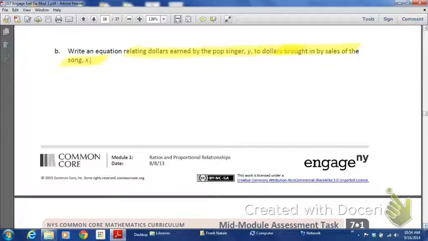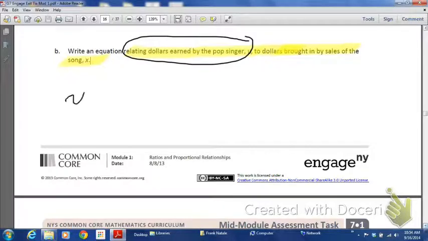So what I need to do is relate the y. If I'm going to relate the y, I have to write it in these terms: y equals k times x. Probably more correctly, you're going to see it this way as we go further into our studies.